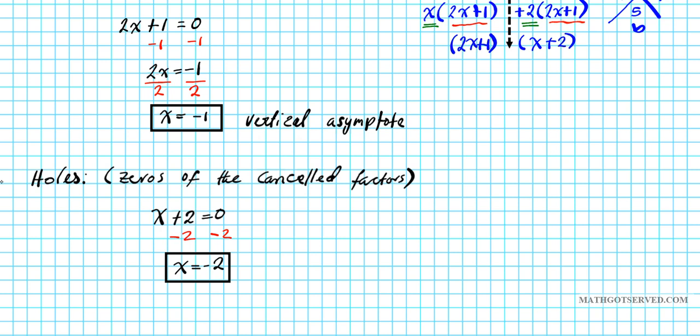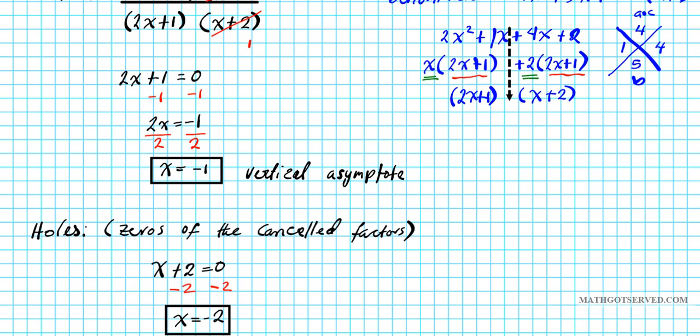Now, last but not the least is the zeros. Another word for zeros is the roots, or you can also call it the x-intercepts. They all mean the same thing. So let's find the zeros or roots.